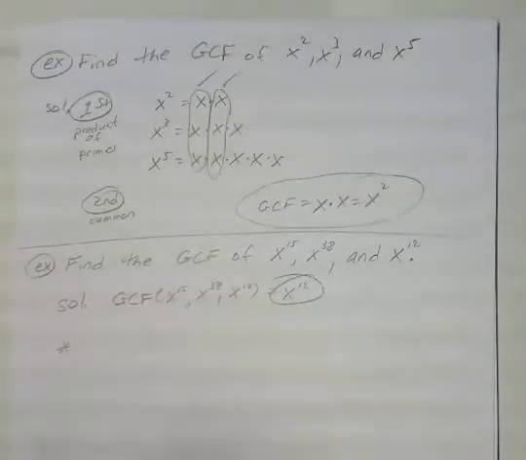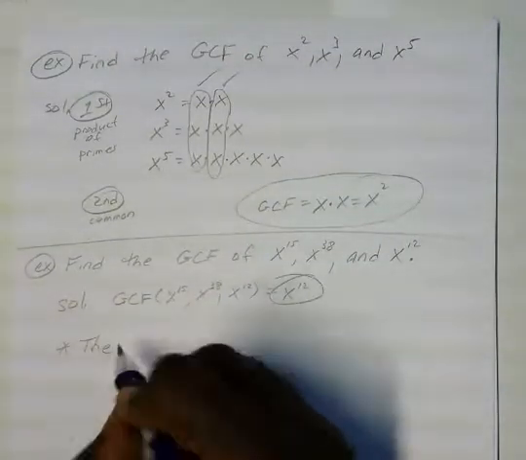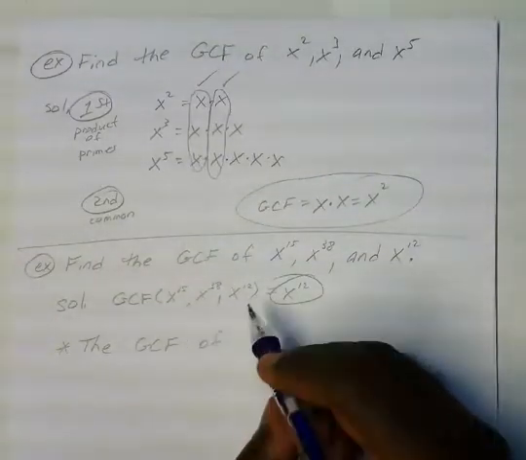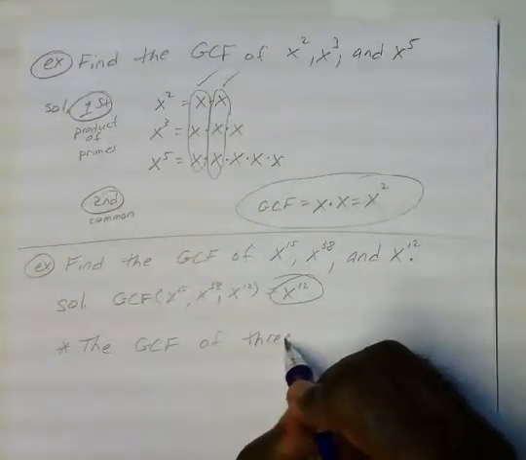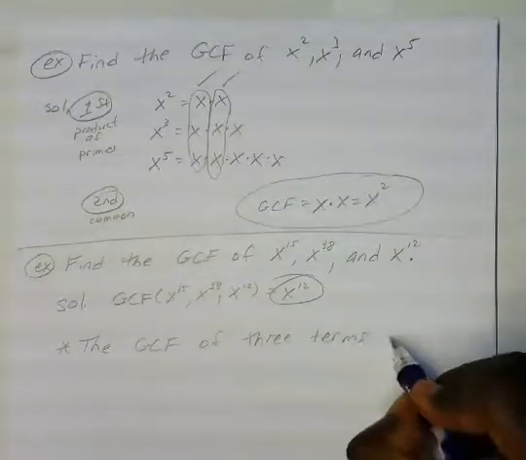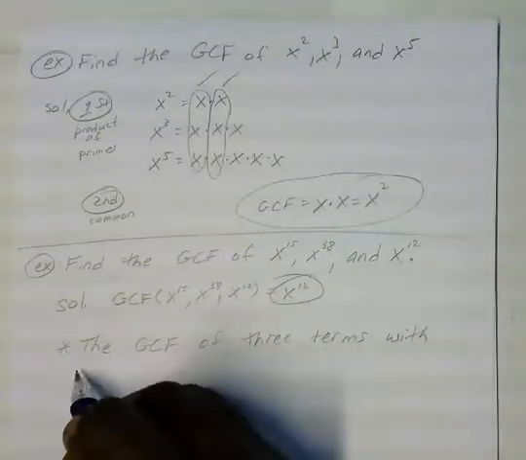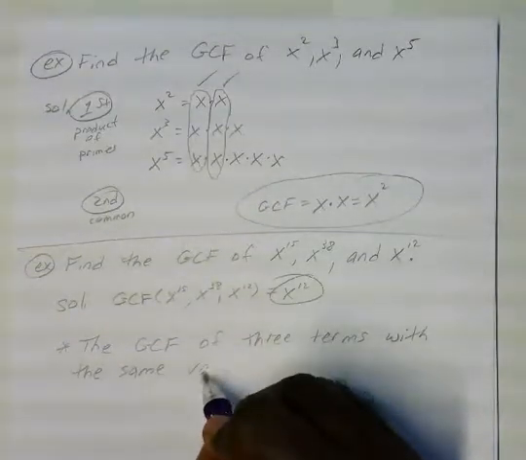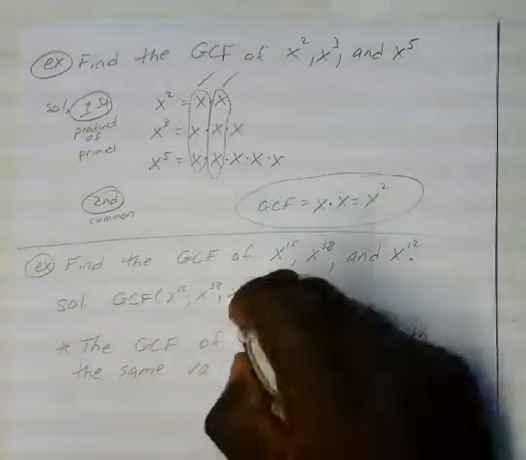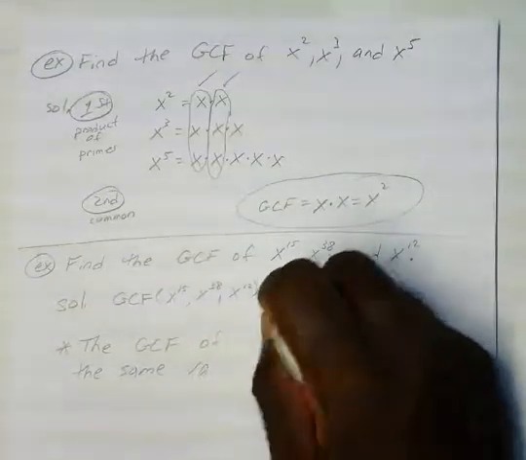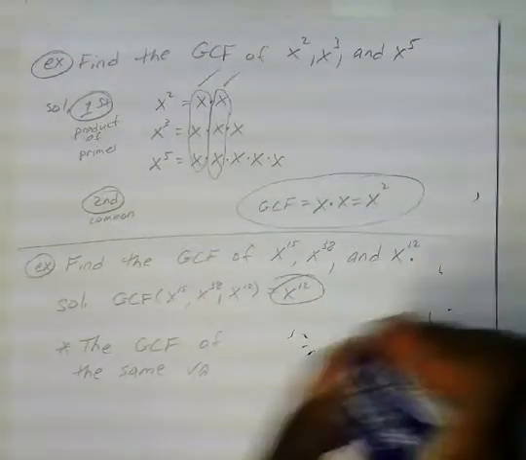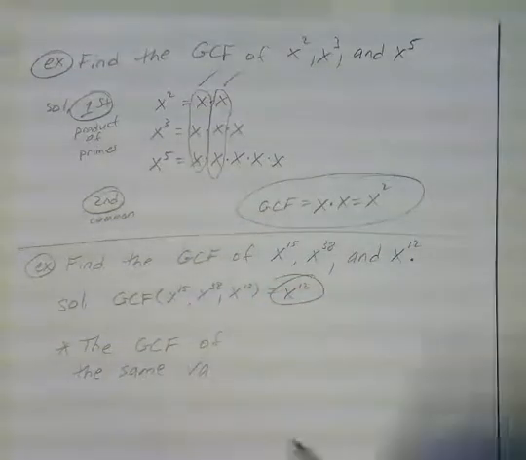Okay, so let me make a quick note. The greatest common factor of 3 terms with the same variable, well, let's say really 2 or more terms. It doesn't have to be 3. Let's say 2 or more. That's a little more precise.